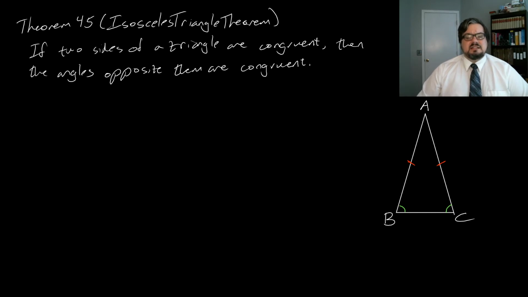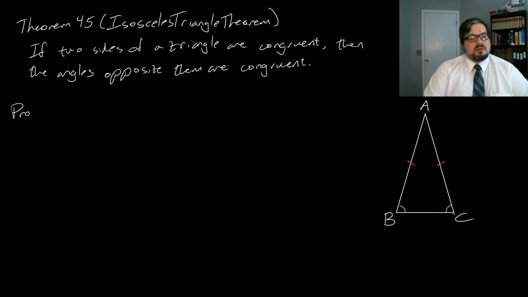Now, at first it seems like we don't have enough to use side angle side because we only have one triangle. But in fact, we can look at correspondences between a triangle and itself, and side angle side still applies there. Nothing in side angle side required that the triangles that we looked at be distinct triangles.